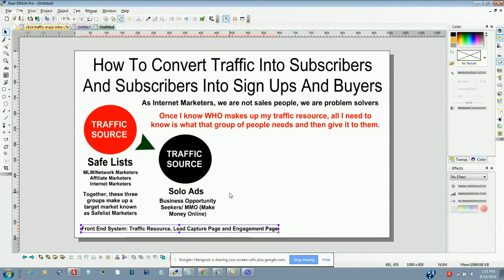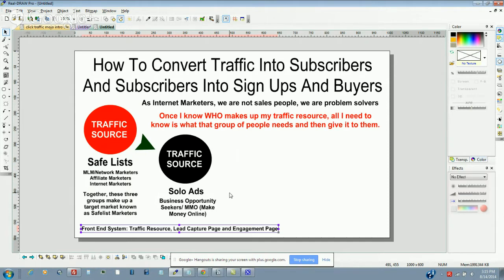Because traffic defined is simply the movement of one person from one page to the other on the internet. Traffic is a visitor to your lead capture page. Traffic is a visitor to your sales page. It's a visitor to your website. It's a visitor to your blog. That's traffic.